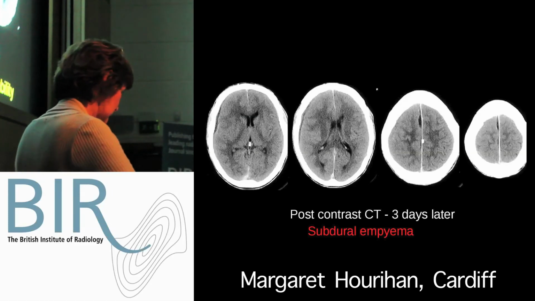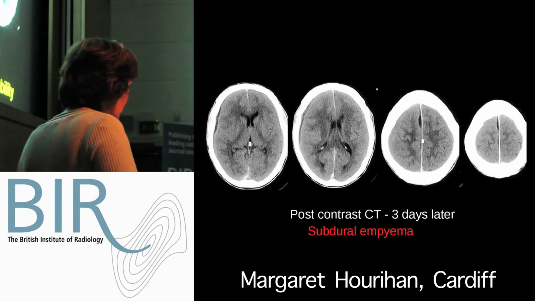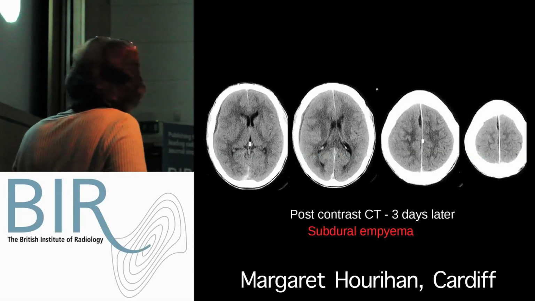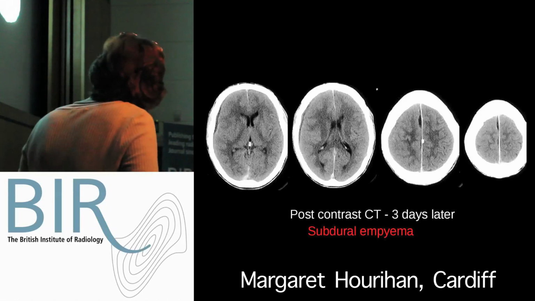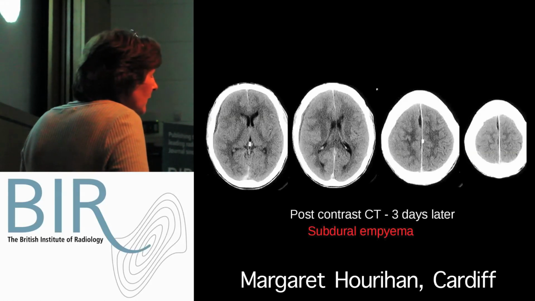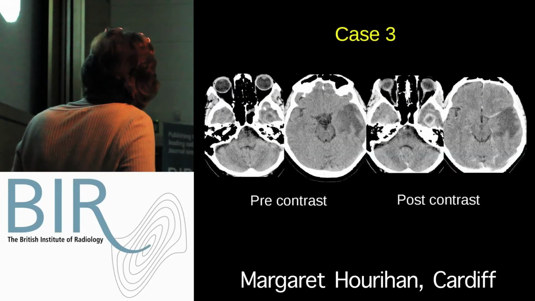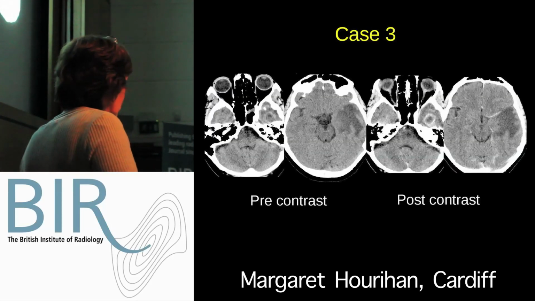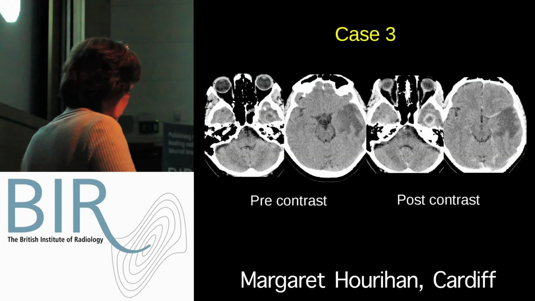They didn't believe me actually for this one, so the patient wasn't treated for a couple of days, and 3 days later, that's the scan. So now you can see it, but it also very nicely shows that black line sign that you get against the falx in patients with subdural empyema. So if you see that, think subdural empyema.